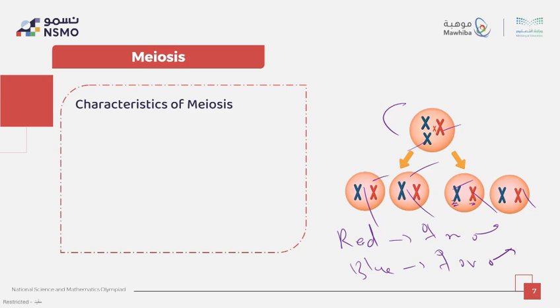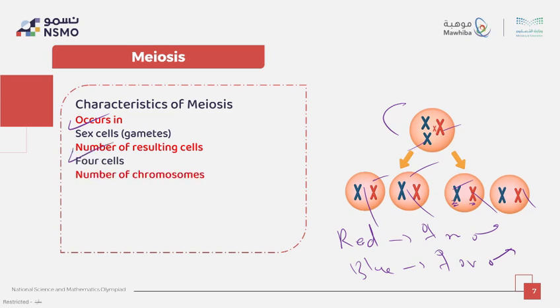So let's answer these upcoming questions. Where does it occur? Of course, it occurs in gametes. The number of resulting cells: as you see, 4 genetically different cells. That's it, 4 cells. And what is the number of chromosomes?